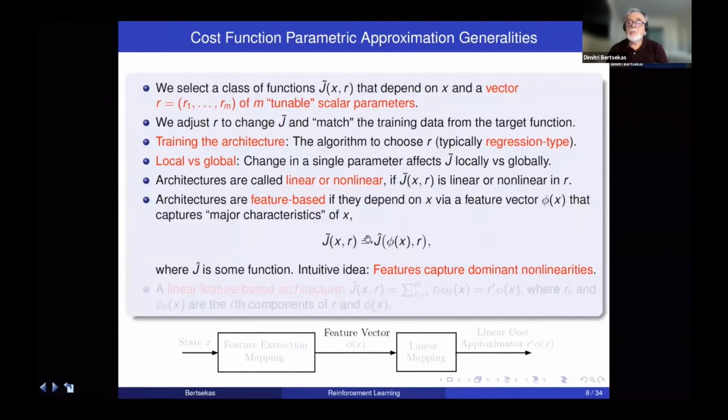It has very difficult and strange nonlinearities. On the other hand, these nonlinearities may be captured in these nonlinear features here. And if that's the case, then you can afford to use a j hat which is relatively simple, like, for example, linear in R. Linear in R, nonlinear in X, but through the features here, which capture the dominant nonlinearities of the target function.